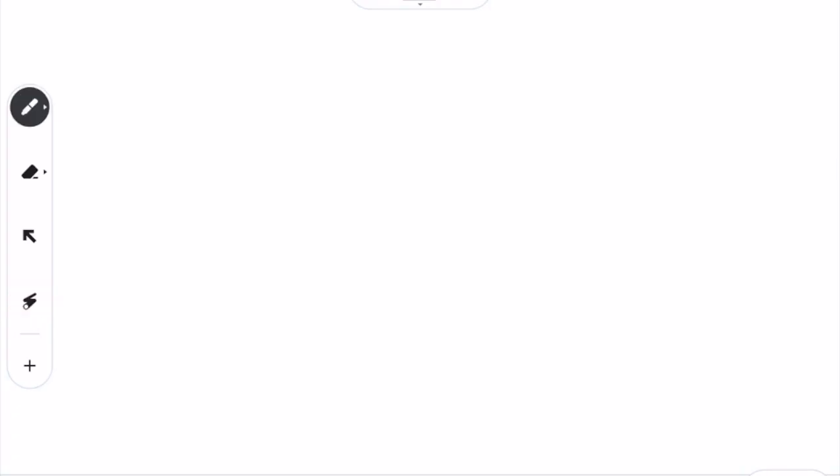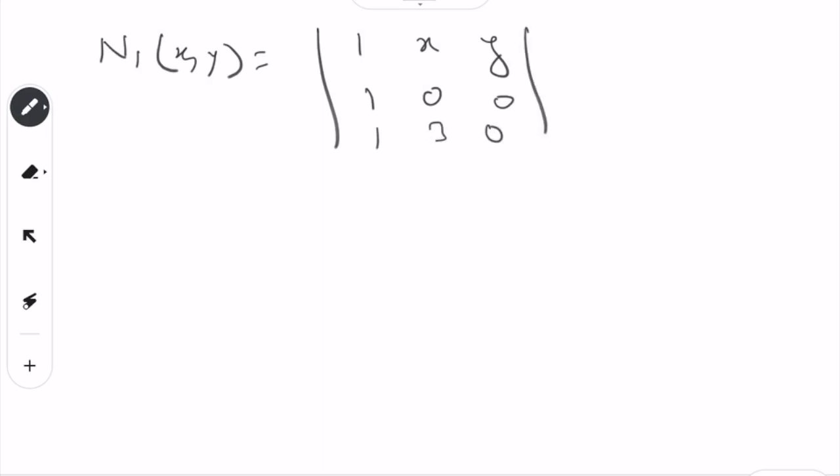So n1xy, that we know, is 1 xy with 1 0 0 and 1 3 0. We can write it as: this is 1, 0 minus 0 is 0, x, 0 minus 0 is 0, 3 minus 0 is 3, so 3y.